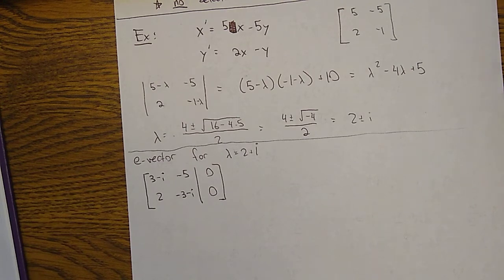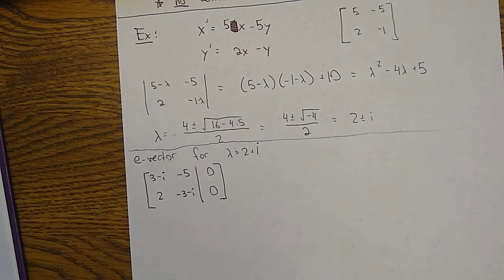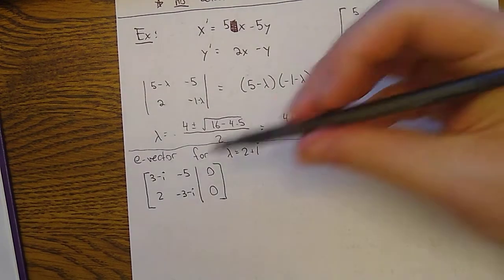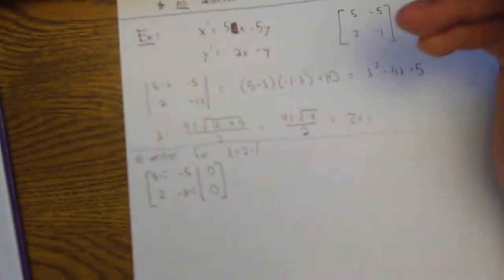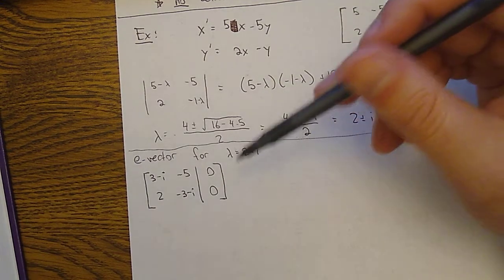Right? And I'm trying to solve this matrix equation. In other words, get this matrix in reduced row echelon form, or just echelon form, or whatever is good enough.